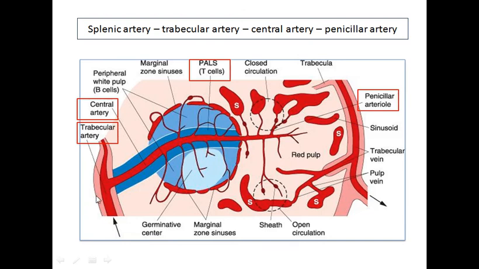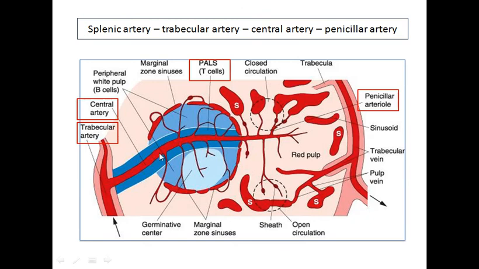Now the trabecular arteries, जब it will leave the trabecula, वो अपने ऊपर एक टी सेल की शीथ लेके निकलेगा. ये हमारे पास ब्लू लेयर है, it is showing the sheath of T cells known as periarteriolar lymphoid sheath, जिसको हम PALS कहते हैं, ठीक है. When it has left the trabecula, now this branch is being invested by T cells, ठीक है.